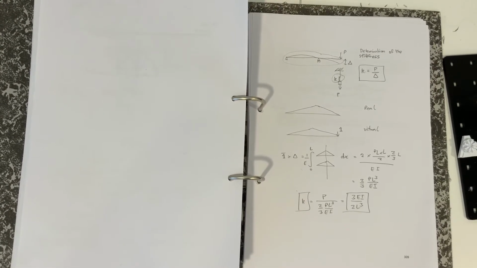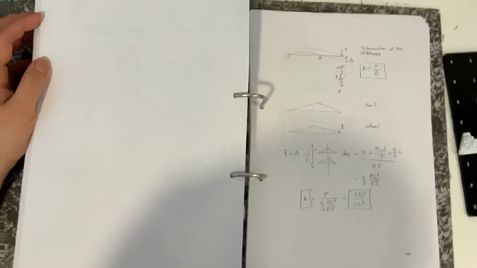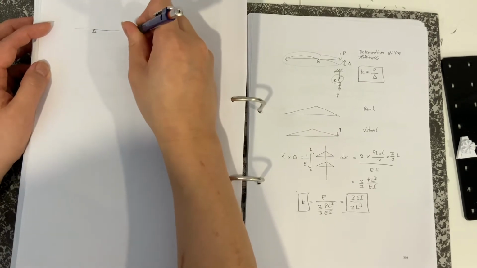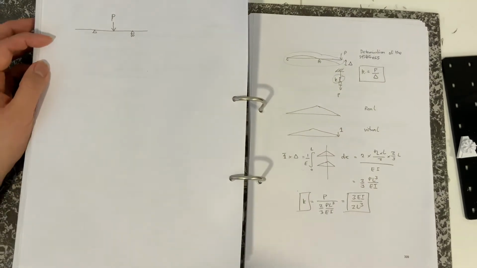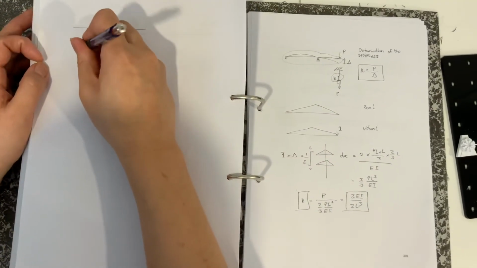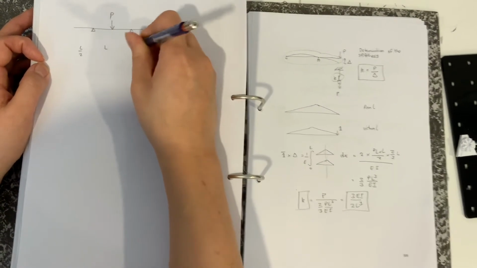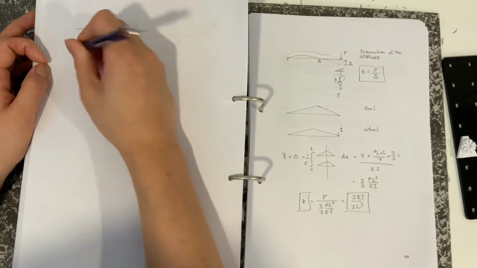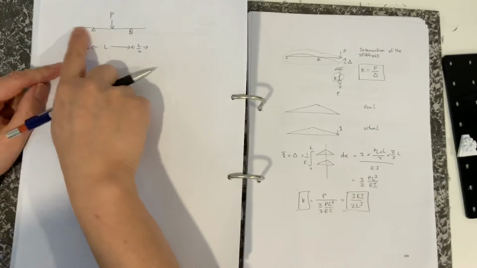Now the second problem, which Na'awi has talked about, in that he's asked you to be familiar in year 3 to be able to do, is this one here, and then we've got P acting down there, and the determination of the stiffness K. So to determine the stiffness K of this structure here, we've got the unit load method, and of course there's going to be no bending moment here.